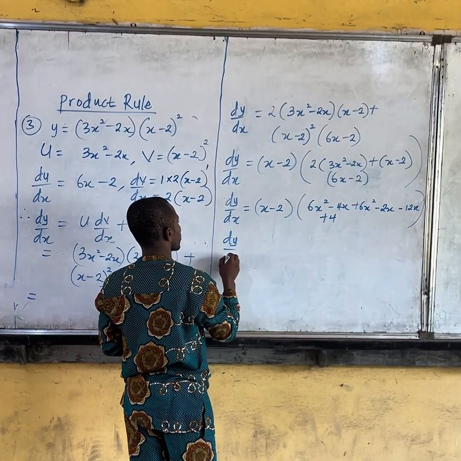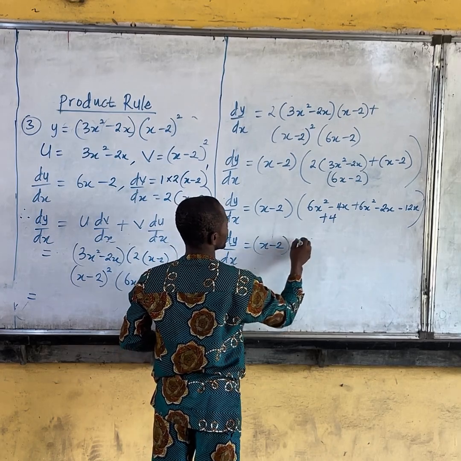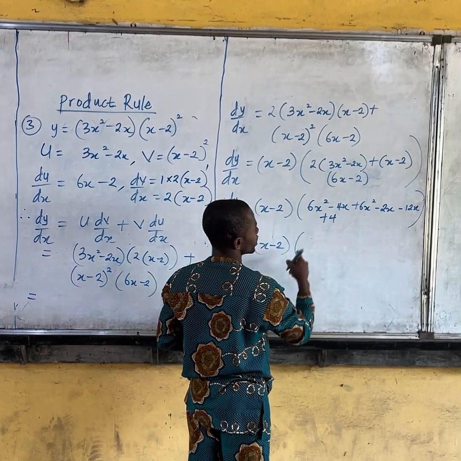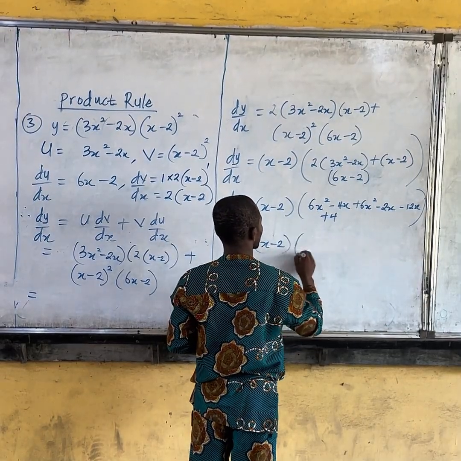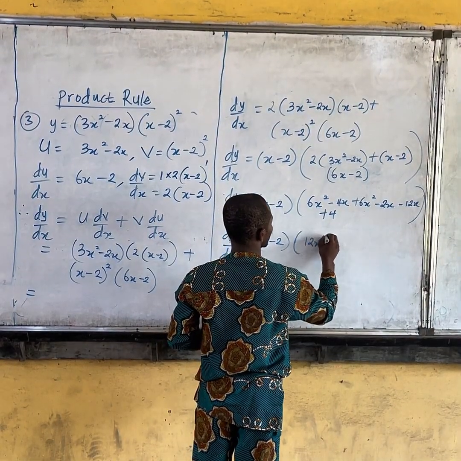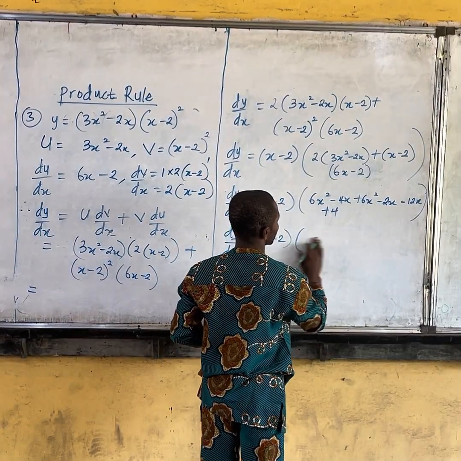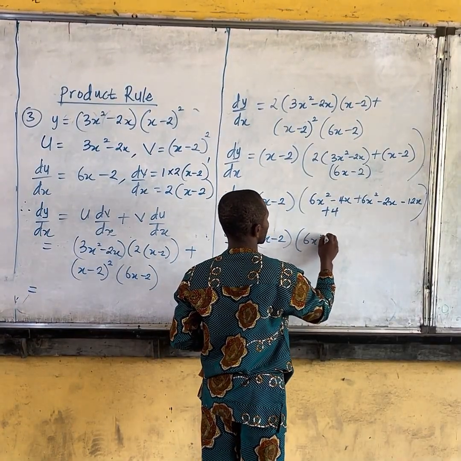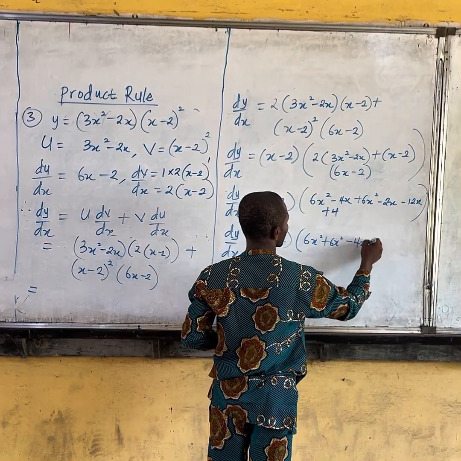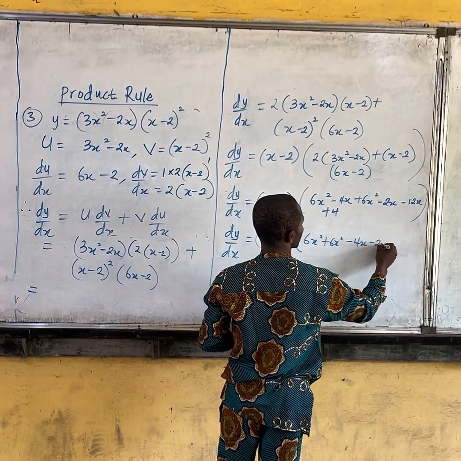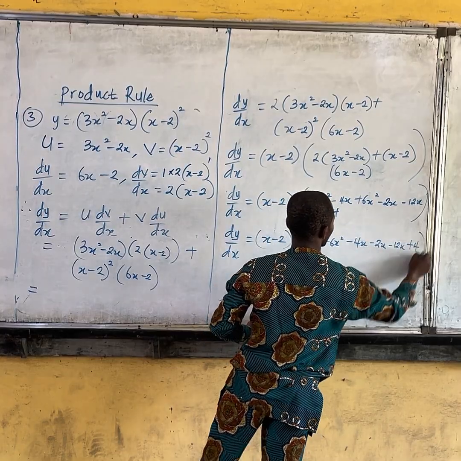So dy over dx will now be x minus 2, close it, brackets. As you can see, 6x squared is common, that is bracket 12x squared. We collect like terms, or you can even collect like terms directly. That is 6x squared plus 6x squared, minus 4x minus 2x minus 12x plus 4.